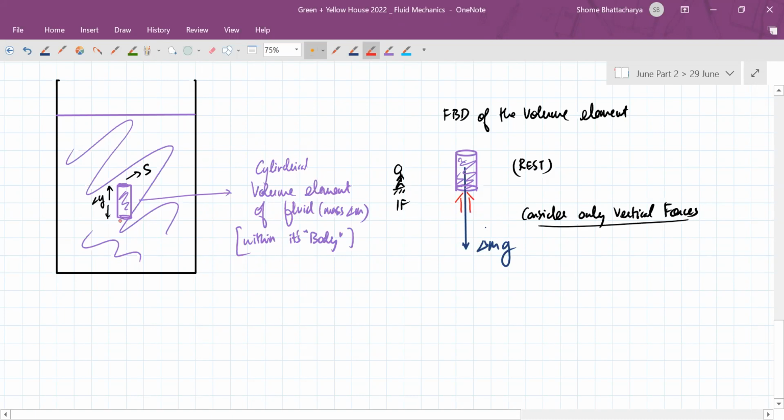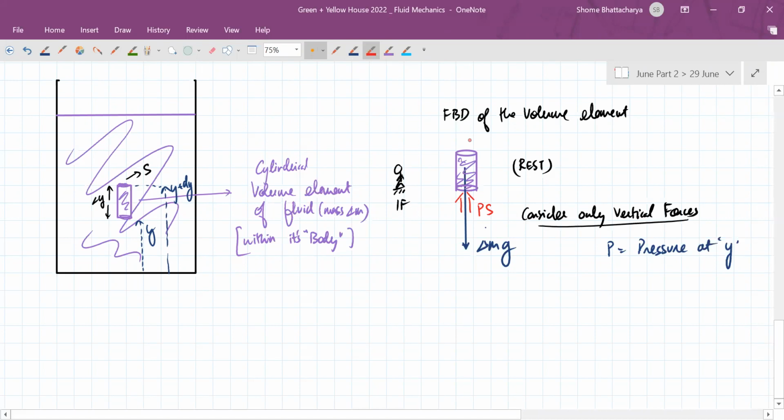The area below is S, the pressure is P, so the force is P into S. Now if this coordinate is y, then this coordinate over here is y plus delta y. Here P is equal to the pressure at y.